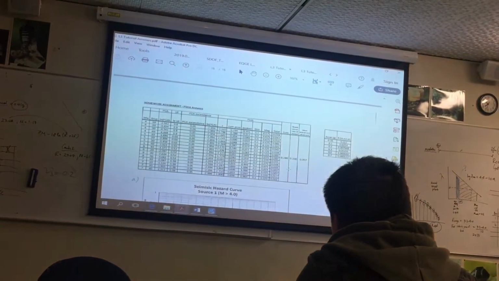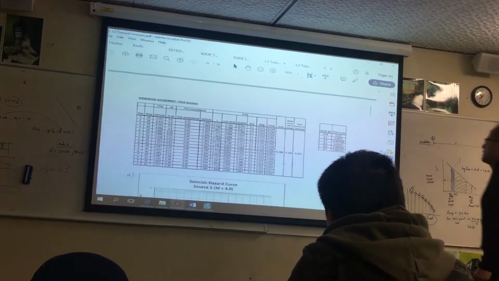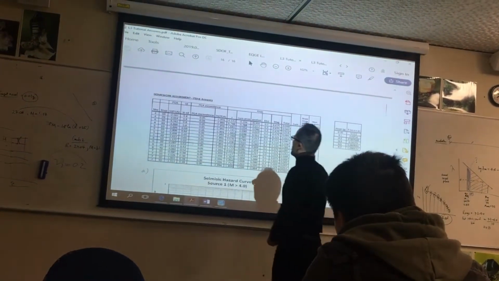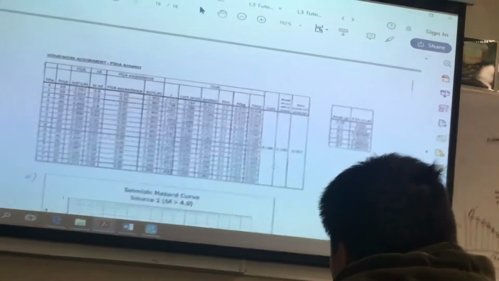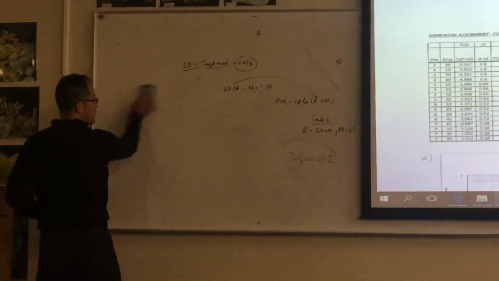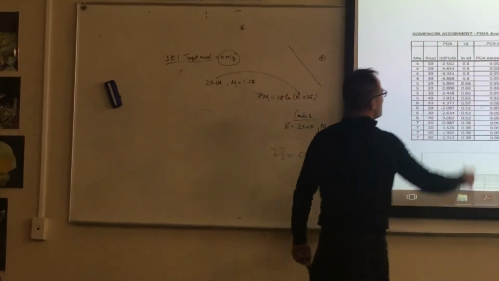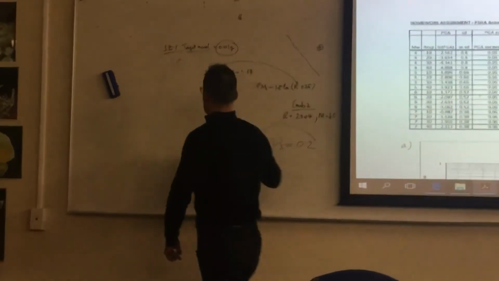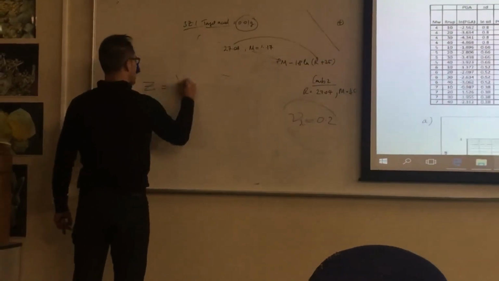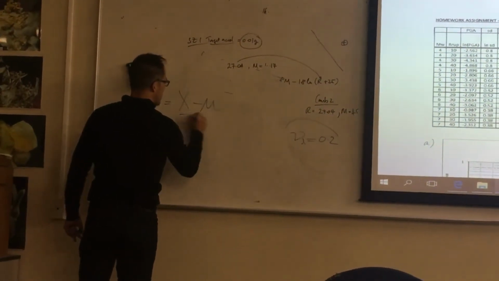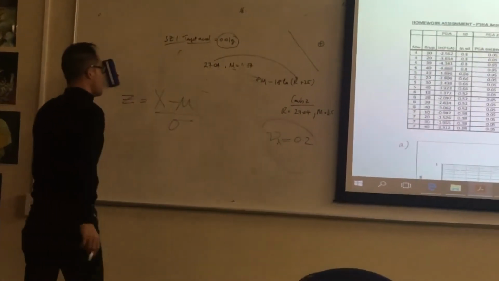Now, just some notes on that. You do that in Excel. So remember, our Z value equals X minus the mean over the standard deviation.